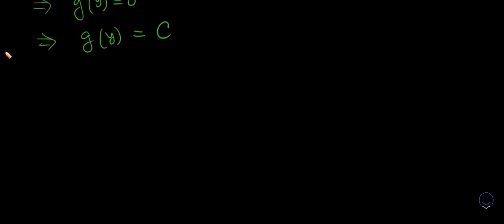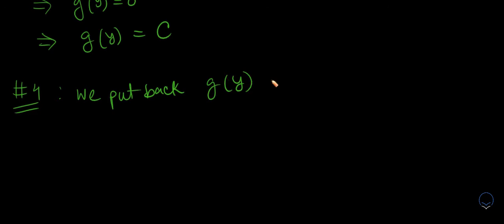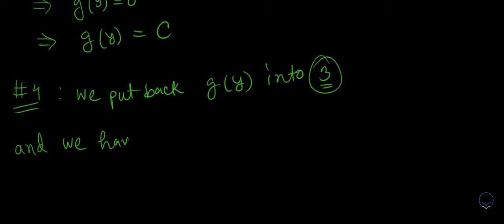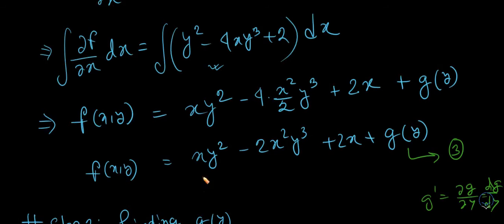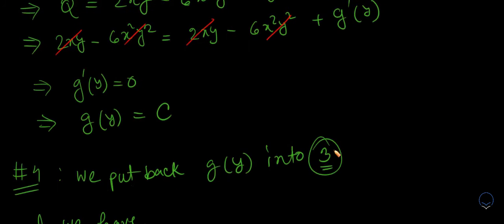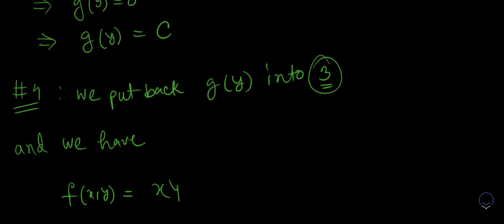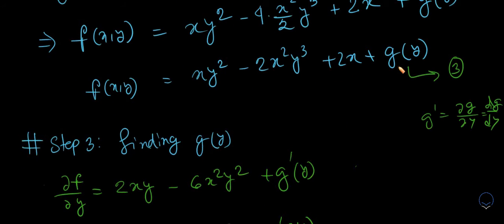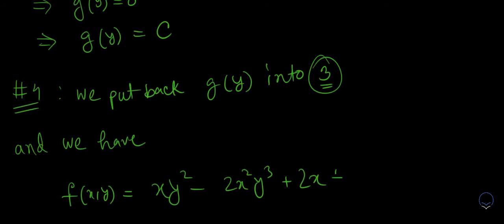And now our step 4, we put g of y back into equation 3, and we have f of xy as xy squared minus 2x squared y cubed plus 2x plus capital C.